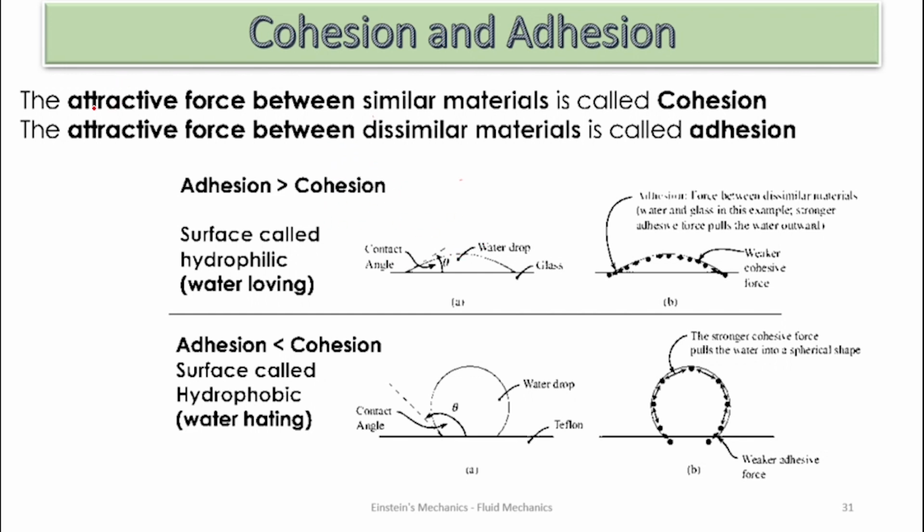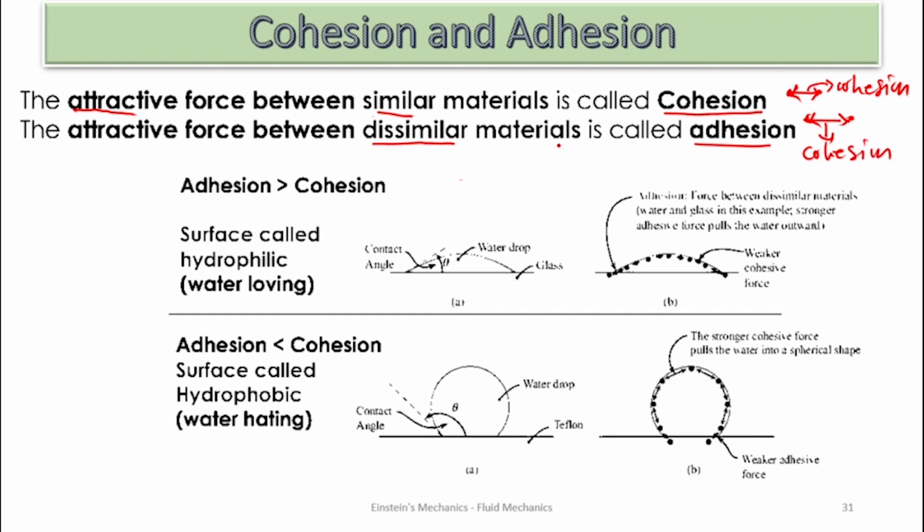So the attractive force between similar materials is called cohesion. And the attractive force between dissimilar materials is called adhesion. So, for example, if I have water molecules attracting each other, then there is a cohesion between them. If I have a mercury molecule attracting a mercury molecule, there is still a cohesion.